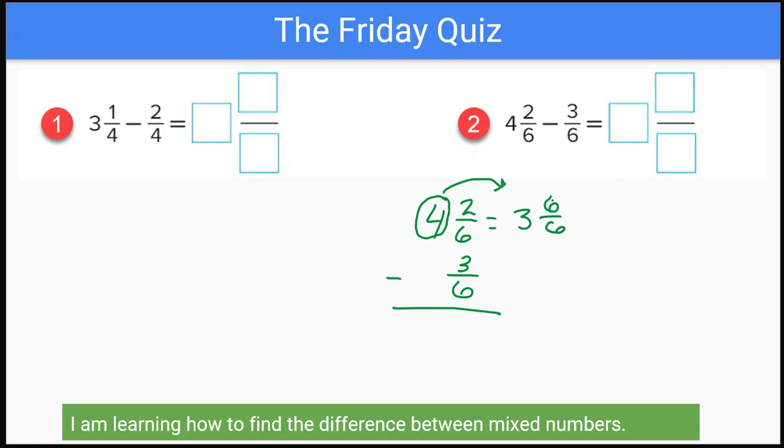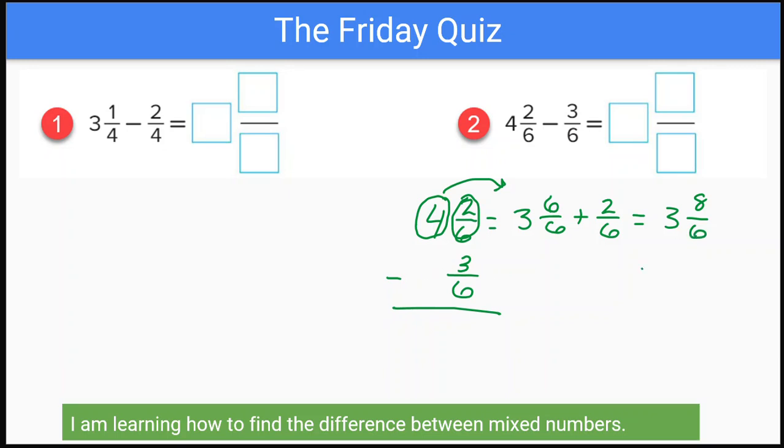Why did I choose 6's? Because these denominators are 6's. So 3 and 6/6, plus we have to add in that 2/6. Okay, 3 and 6/6 plus 2/6 equals 3 and 8/6.